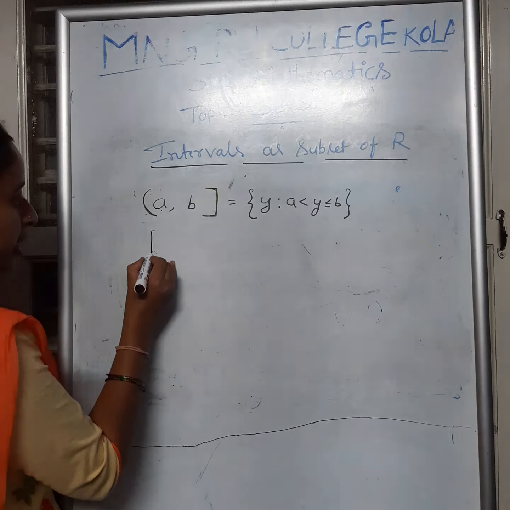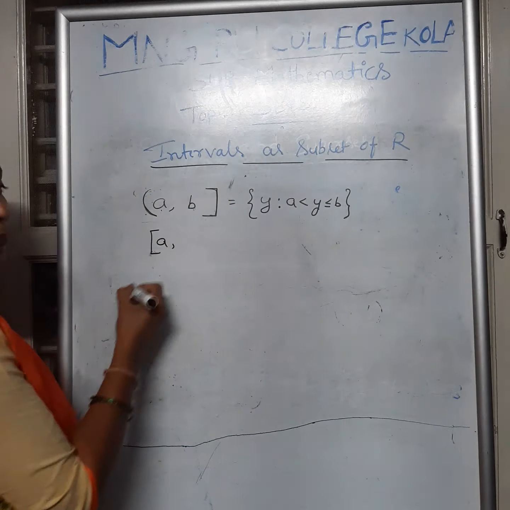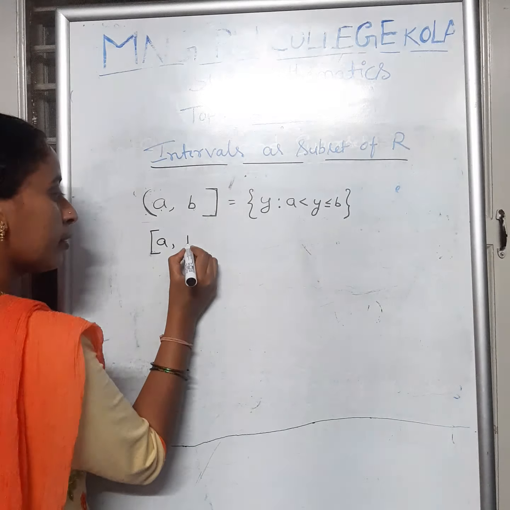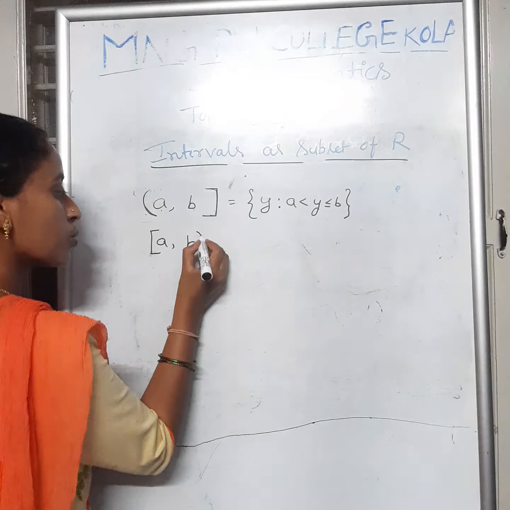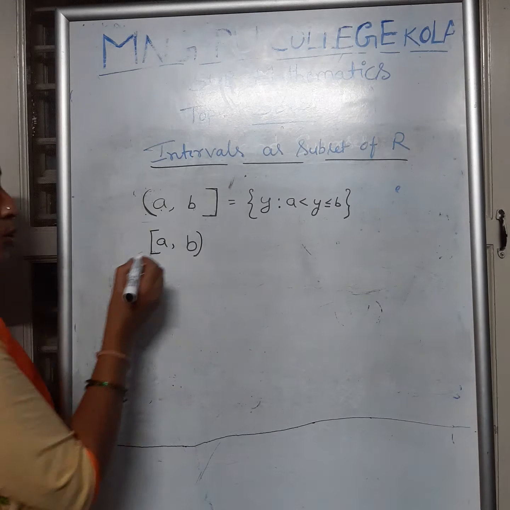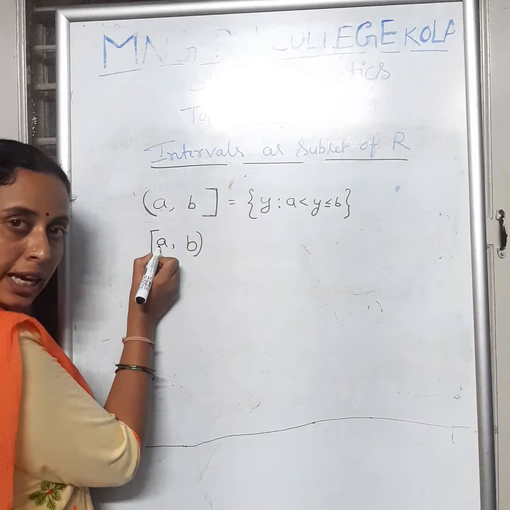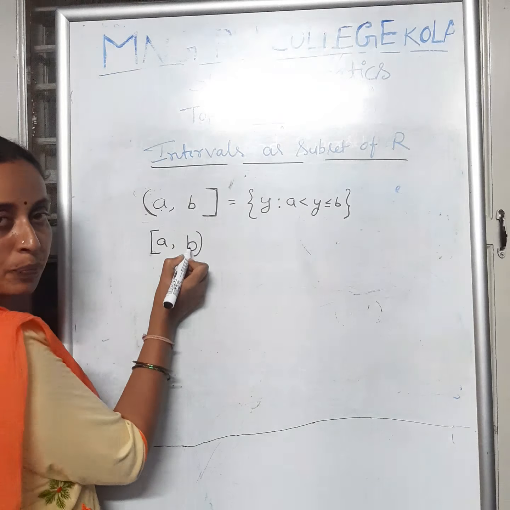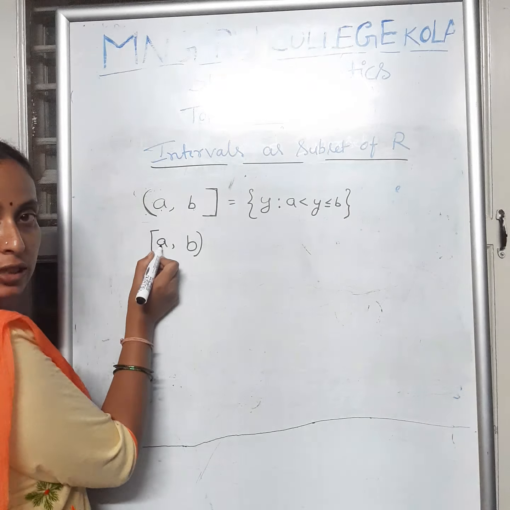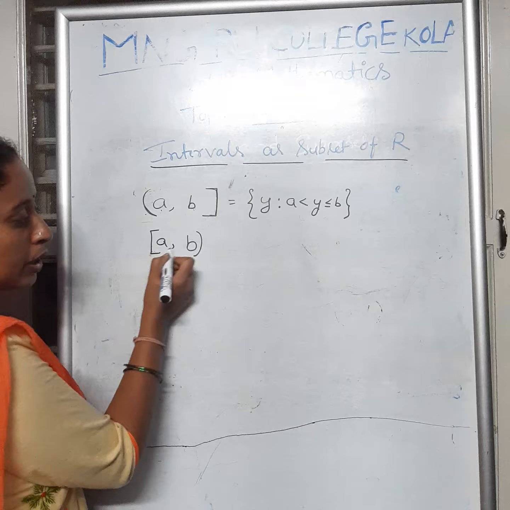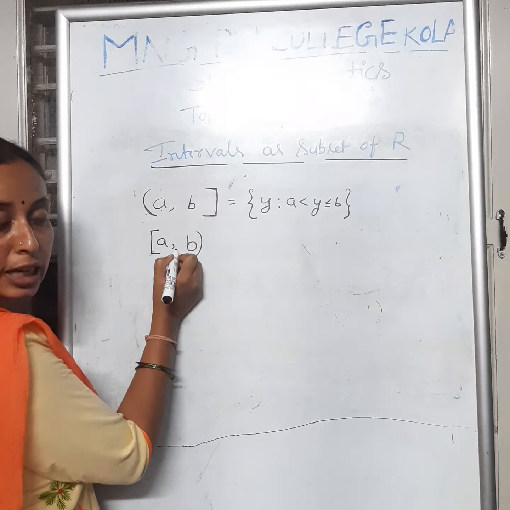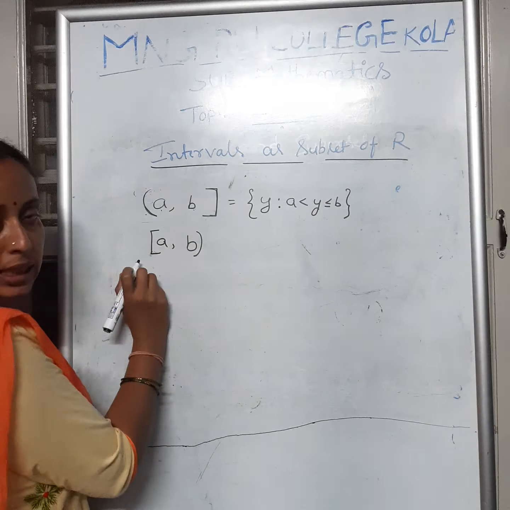If the starting end point is A and closed is open intervals, that means we consider including A but excluding B. The A value is included when we write it, but before B, whatever real number will come, that only we should consider.